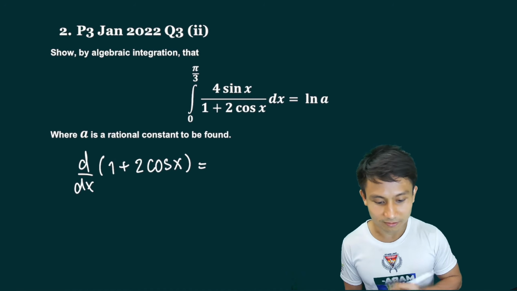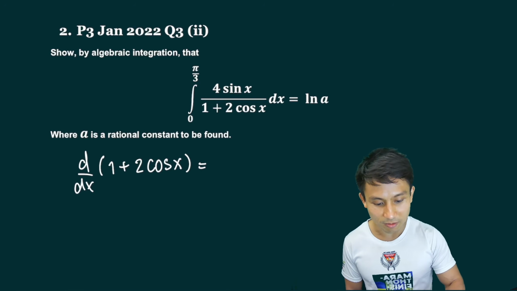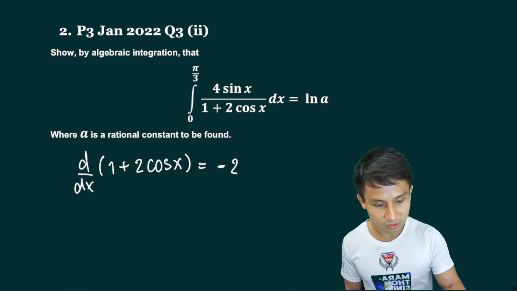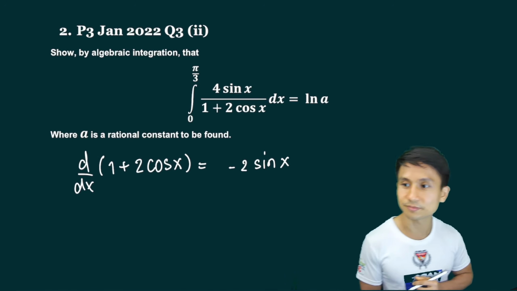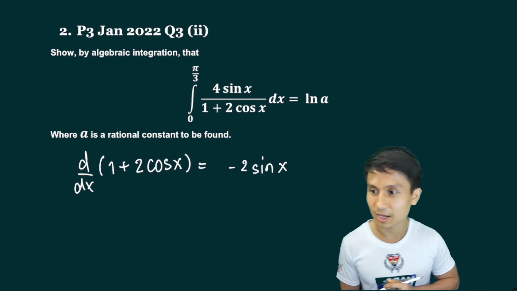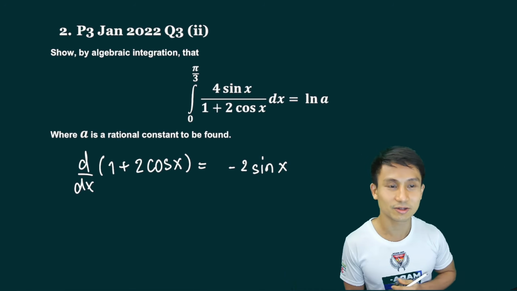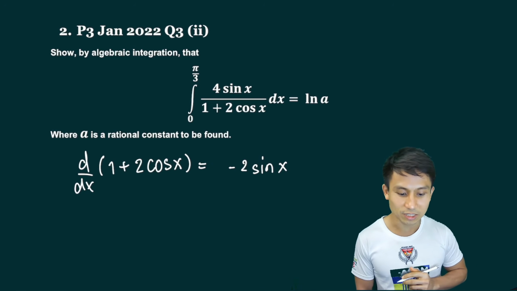And then what do you get? Differentiate 1 goes to 0. Differentiate 2 cos x, you get minus 2 sine x, right? Okay. So it's minus 2 sine x.